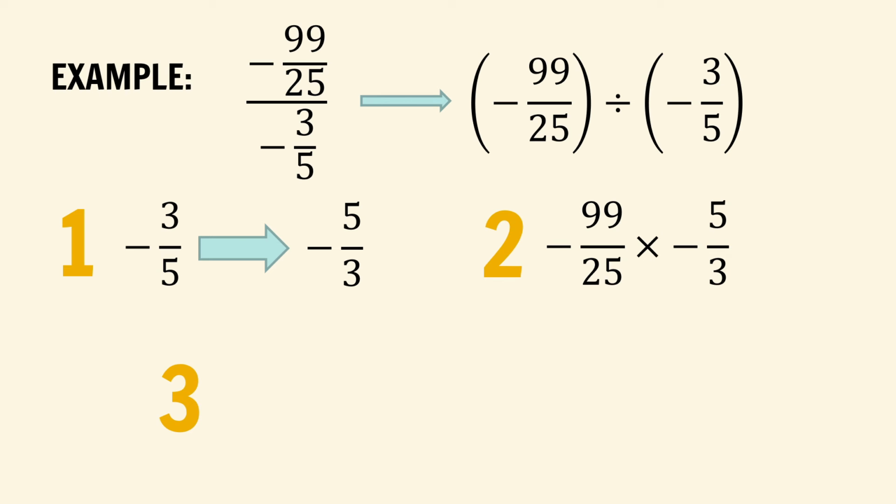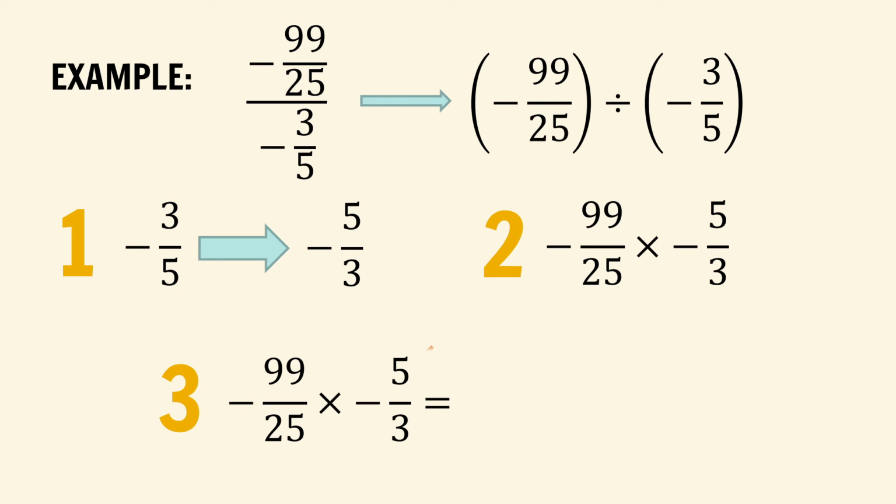And now, before we proceed in multiplying the numerators and the denominators, let's take a look at the common factors of one denominator and one numerator of the fractions that we have. So in this case, I have observed that 25 and 5 have a common factor of 5.